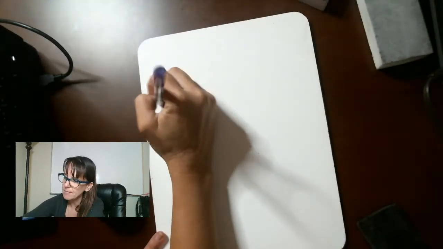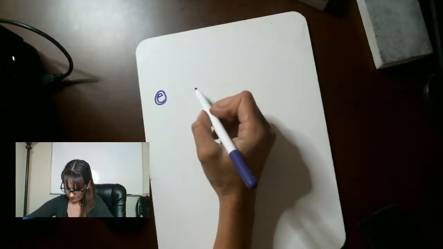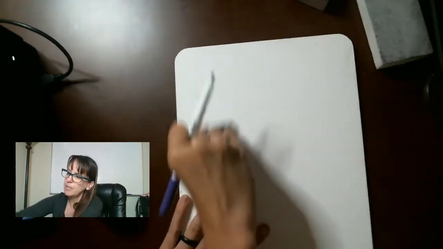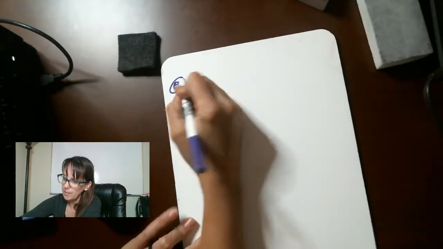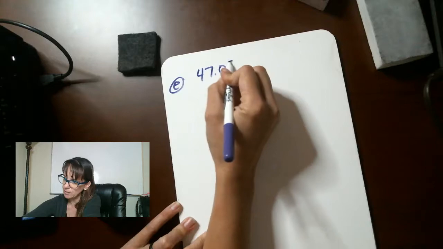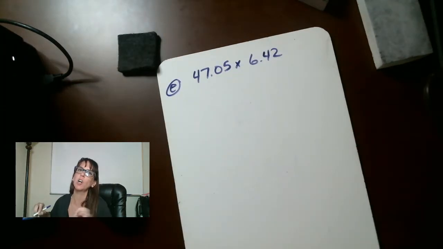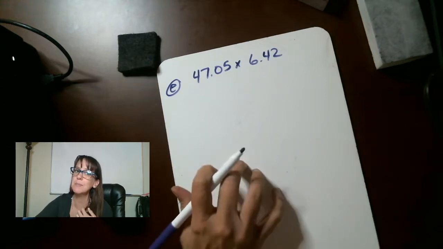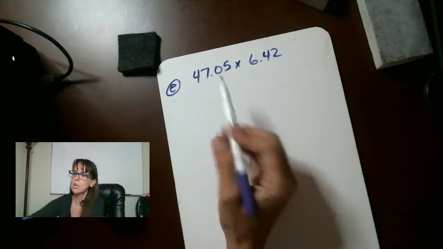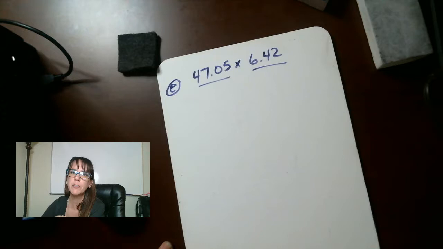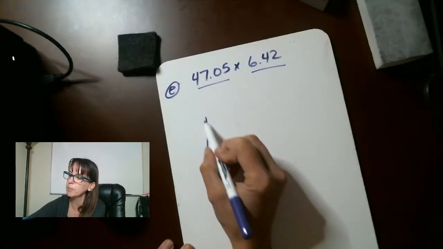For E, actually I'm going to write this up a little bit higher. We have 47.05 times 6.42. We are going to disregard those decimals, and I'm going to do this the box method way. We have a 4 by 3, which means I need a 4 by 3 box.